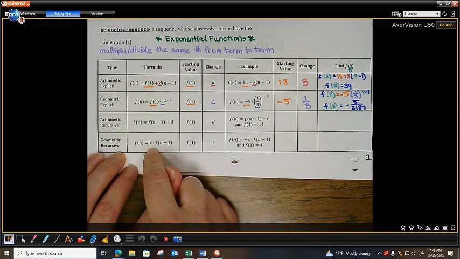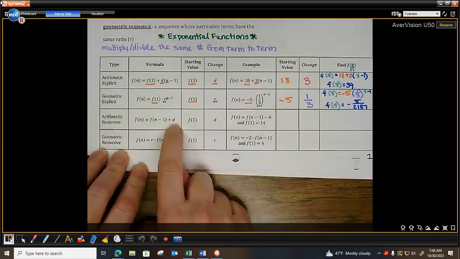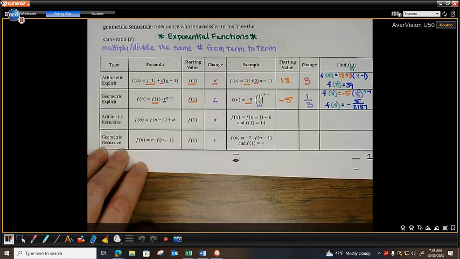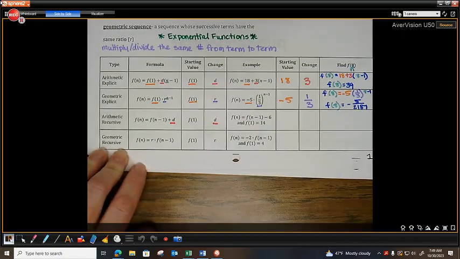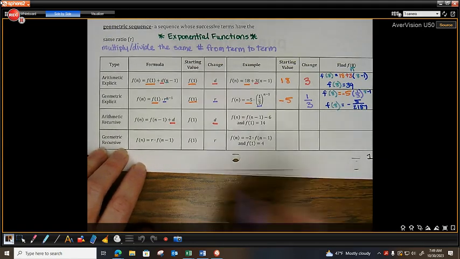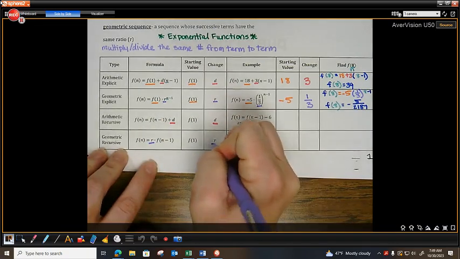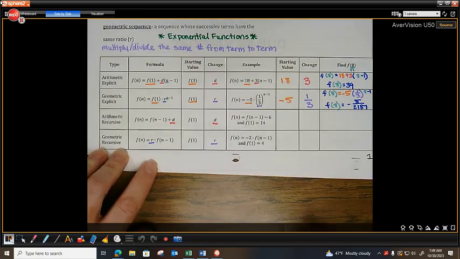That's why I don't like the recursive as much. Can you still find your d and your r? Yeah, the plus number is your d, making this what kind of sequence if we're adding d? Arithmetic, very good. And then here we're multiplying by r, so that makes it geometric.